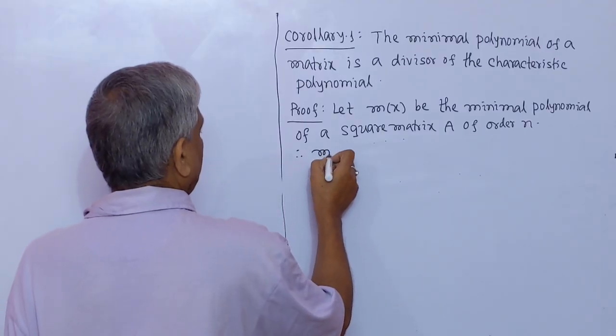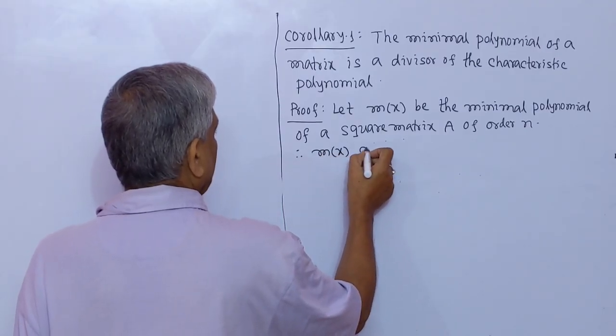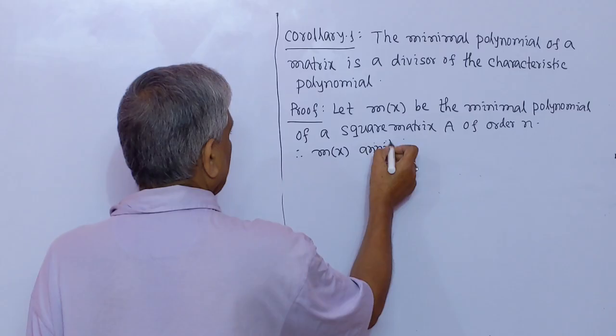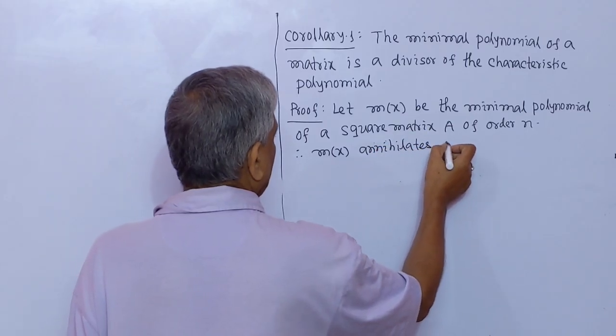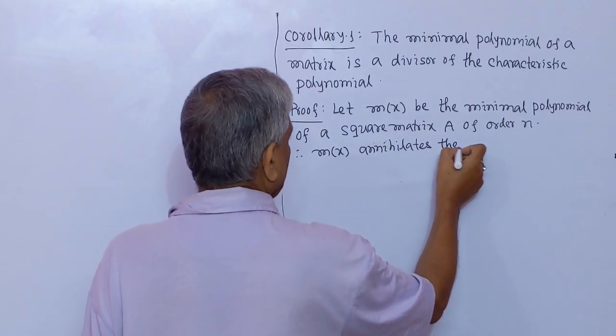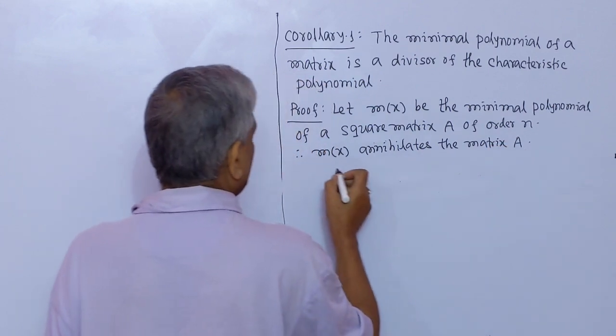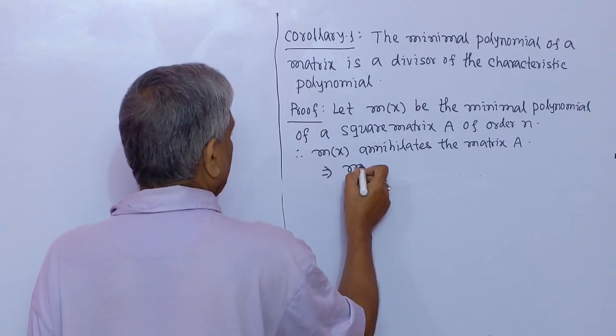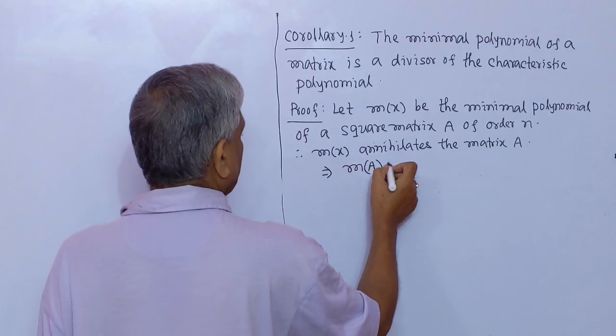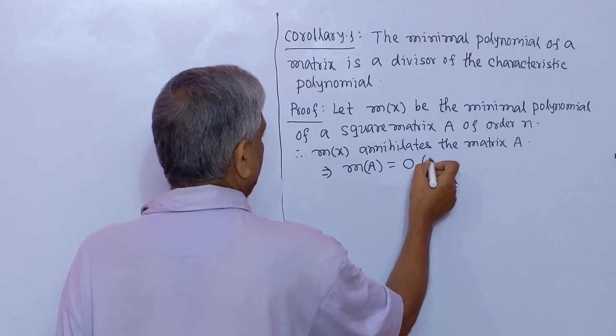Therefore, m(x) annihilates the matrix A, implies that m(A) equal to 0 matrix.